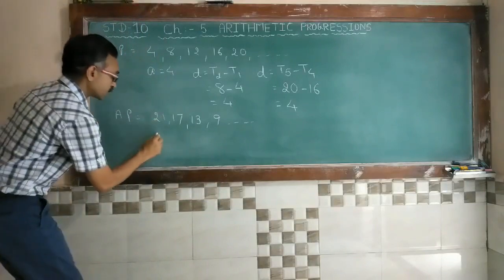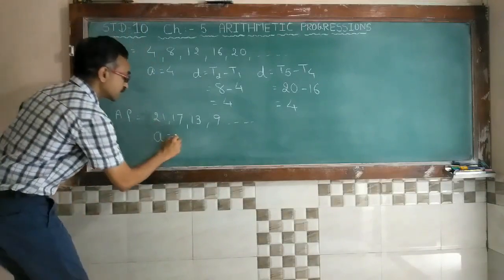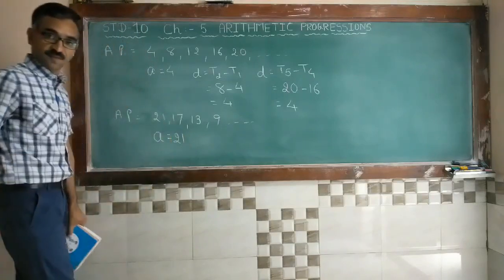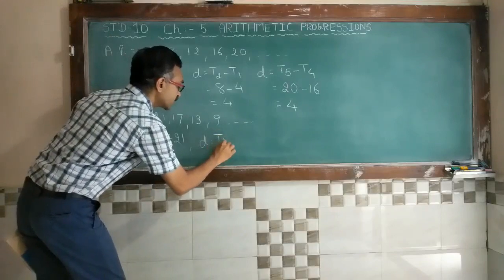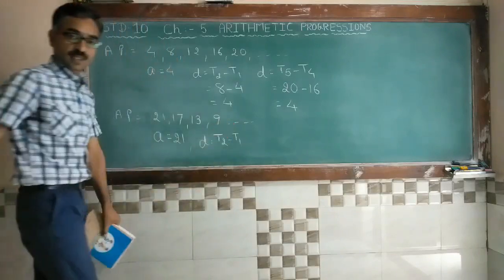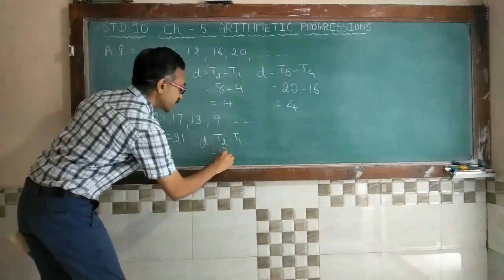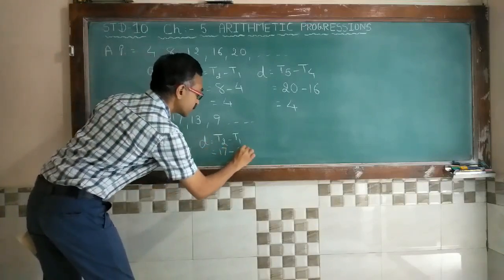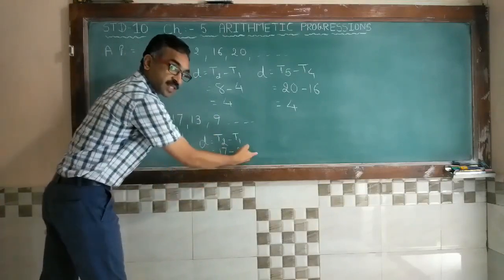See here now, first term A, or you can say term 1, that is 21. Common difference is equal to T2 minus T1, that is 17 minus 21.